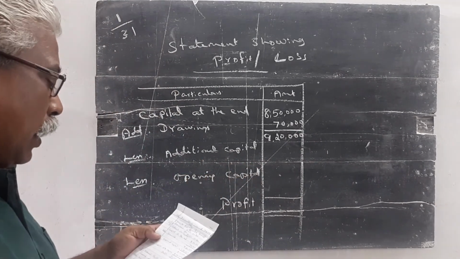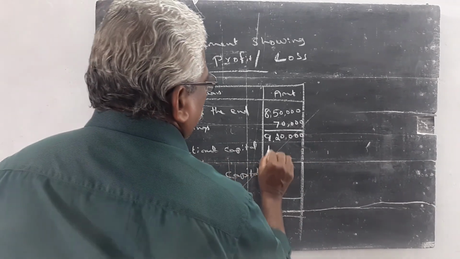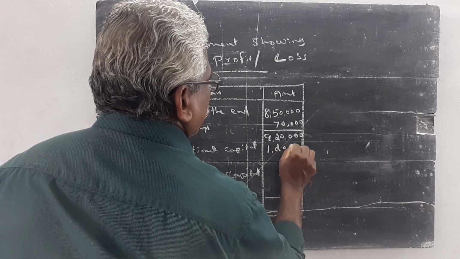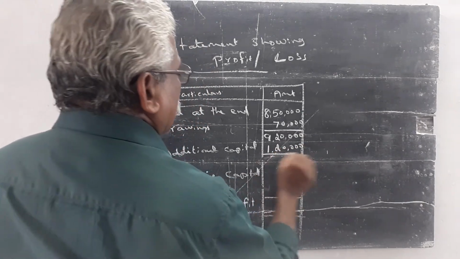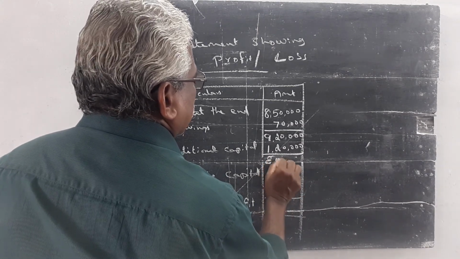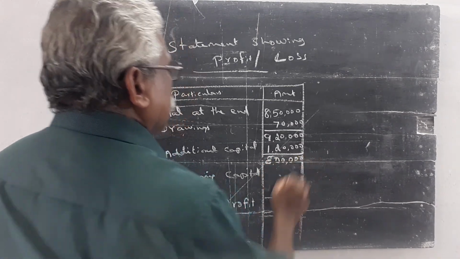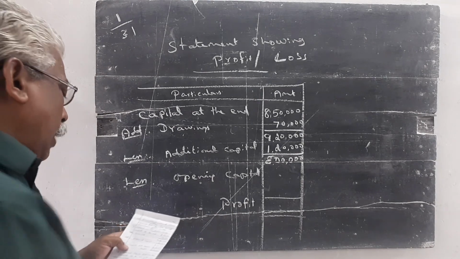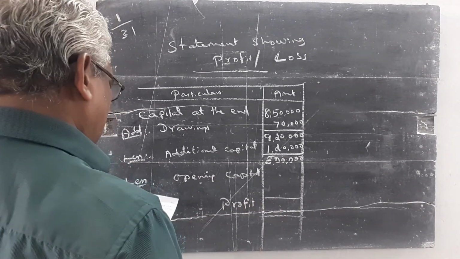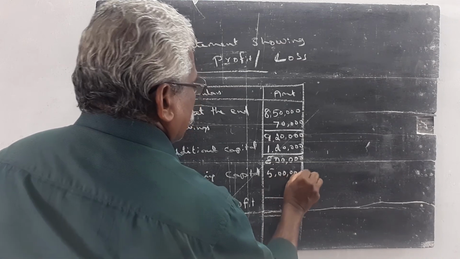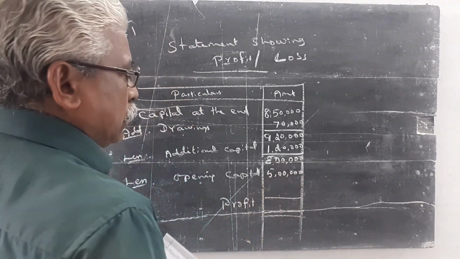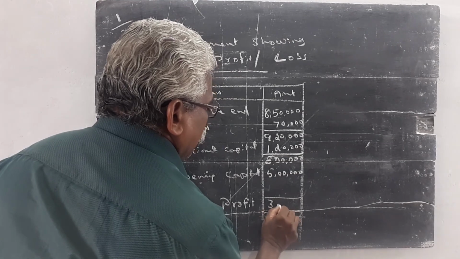Less additional capital, 1 lakh 20,000. We have to subtract it. We get 8 lakhs. Less opening capital or capital in the beginning, 5 lakhs. 8 lakh minus 5 lakhs is equal to 3 lakh. It is a profit.